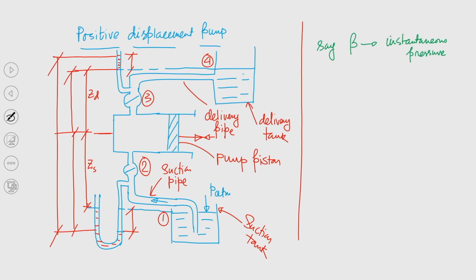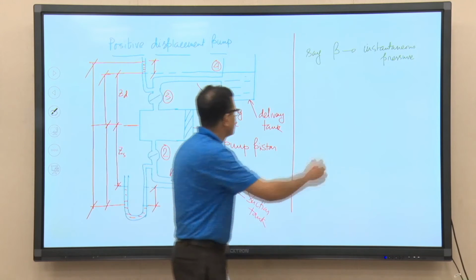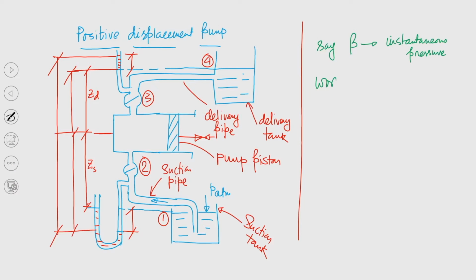Then that is the pressure of the fluid. So, the fluid which is occupying at any moment inside the cylinder, if we consider P is the instantaneous pressure, then work done by the fluid on the piston because of this pressure will be. So, work done by the fluid on the piston is what?